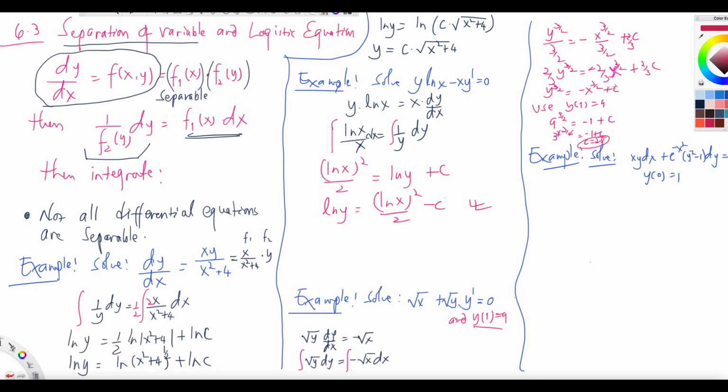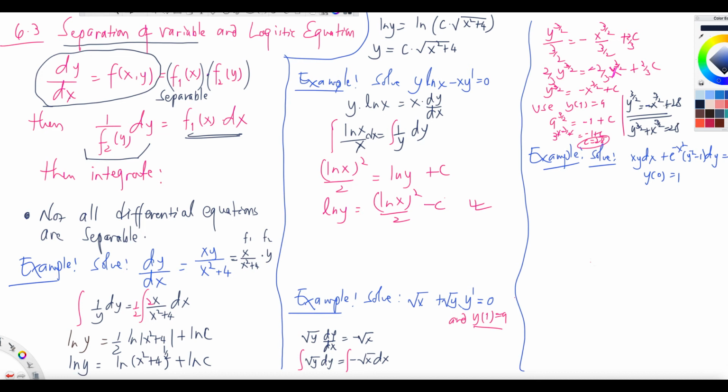Now you plug in here. Therefore the final answer is y to the 3/2 equals negative x to the 3/2 plus 28. That is the answer. But if you want to, you can write y to the 3/2 plus x to the 3/2 equals 28.